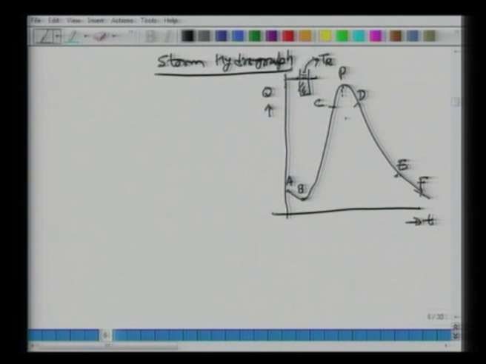And we will define some more things here. In the form of time, it is TPK. From here, it is TB.